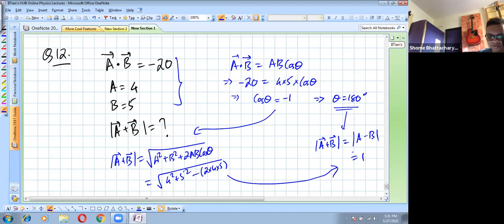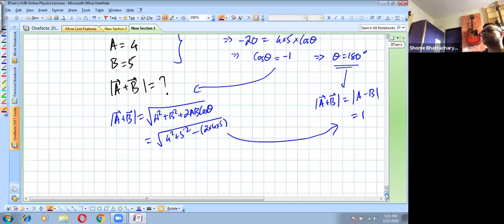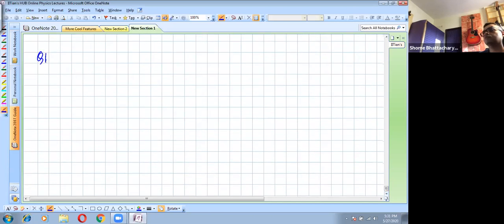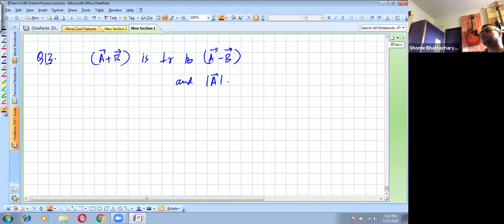Now coming to question 13. So in question 13, it is given to us that A plus B, that is the resultant sum of two vectors, is perpendicular to A minus B. And it is given to you that mod of A is equal to 5.